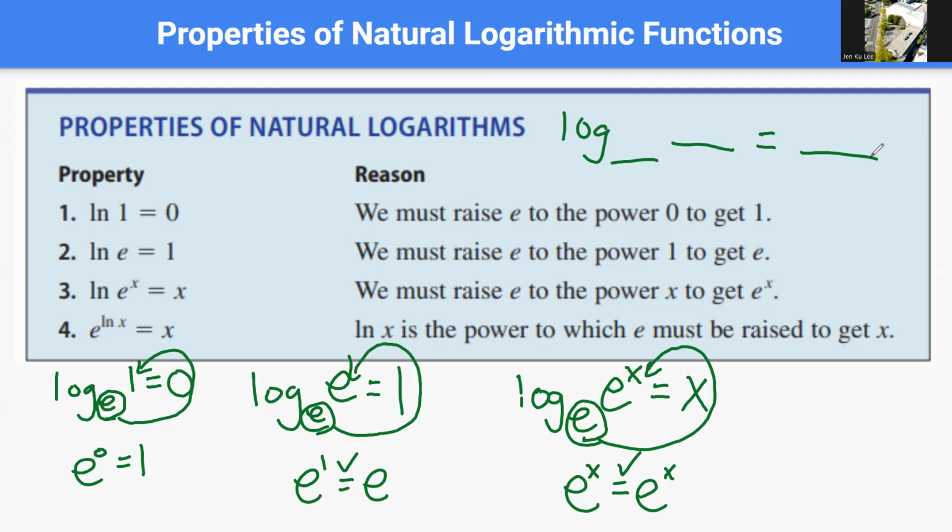Thinking Tarzan and Jane, the base here is Tarzan, e. The Jane here is what it equals to, ln of x equals x. Log base e is just ln, right? So I can rewrite this as ln of x equals ln of x. Correct. Yeah, true.